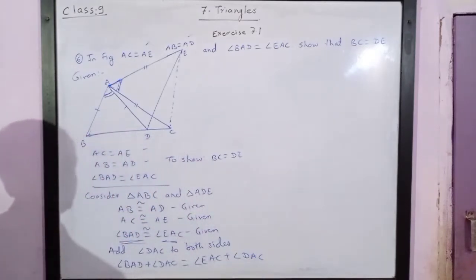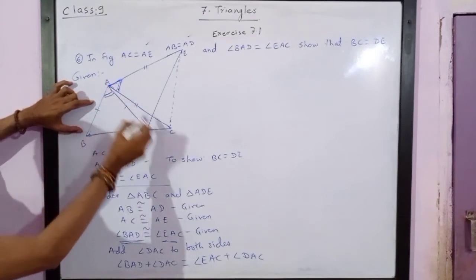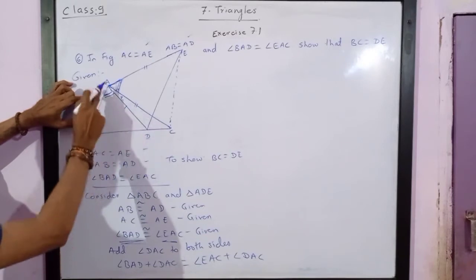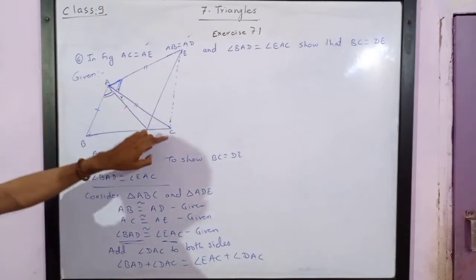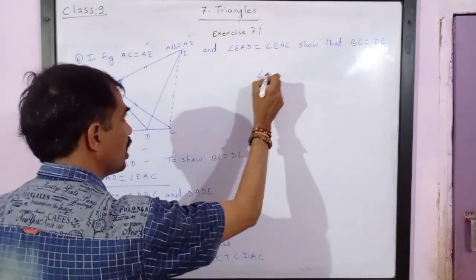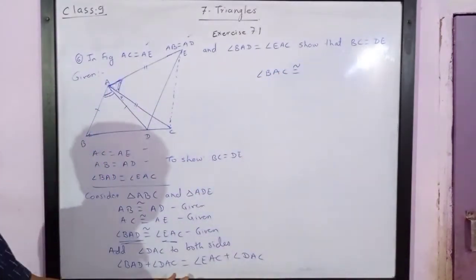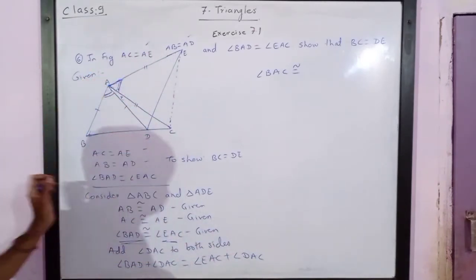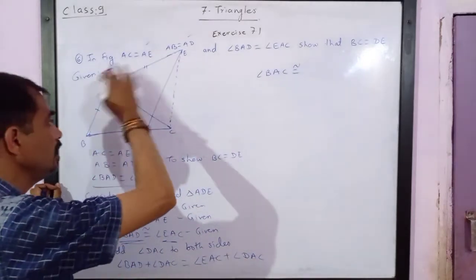Now watch carefully. BAD plus DAC. This DAC is this angle. They are adjacent angles, so they can be added. I will get angle BAC on the LHS, and on the RHS, EAC plus DAC, this angle plus this angle, again I will get angle EAD.